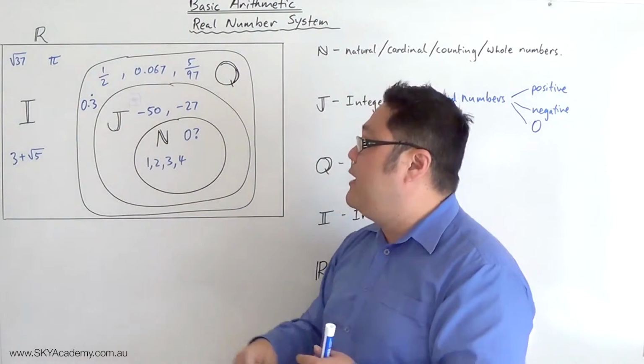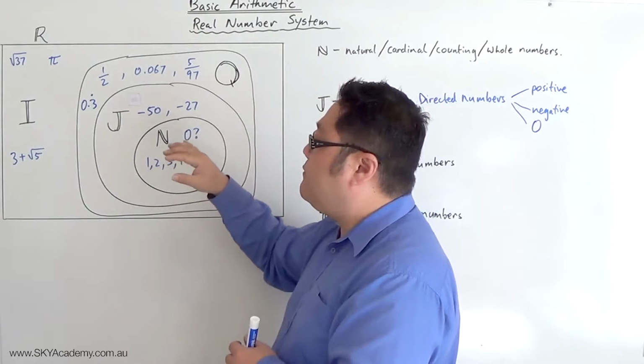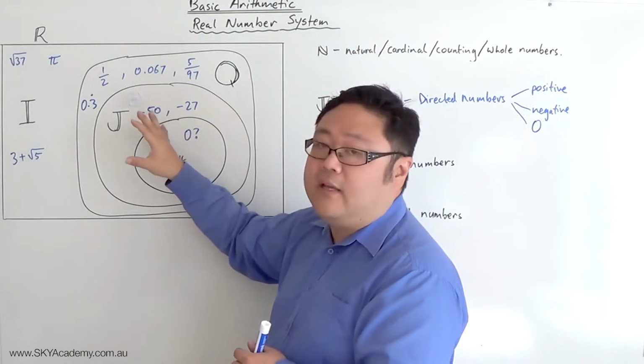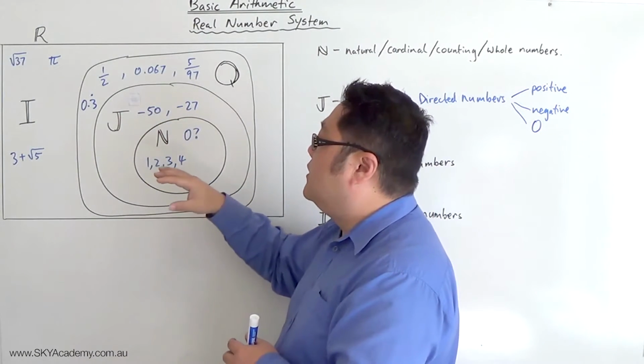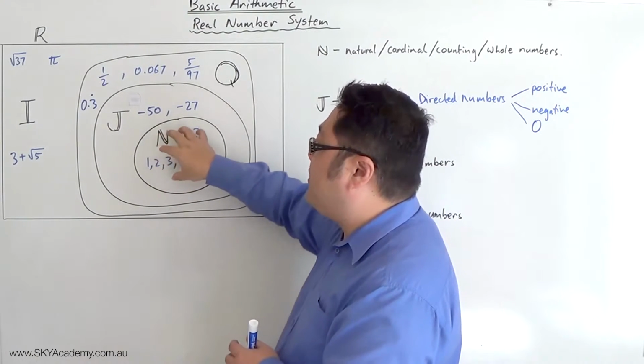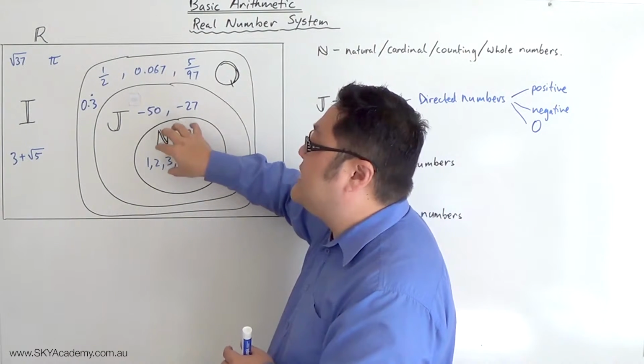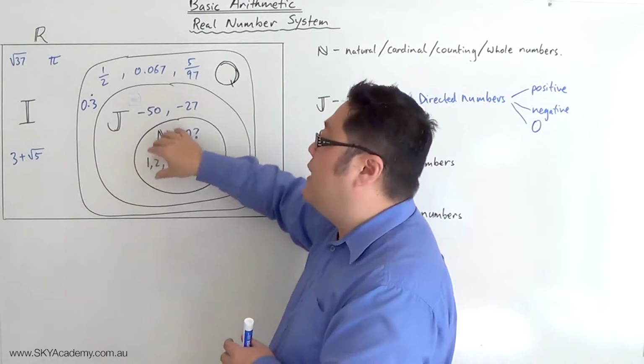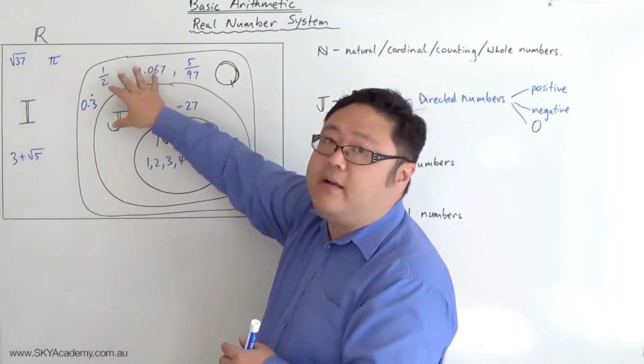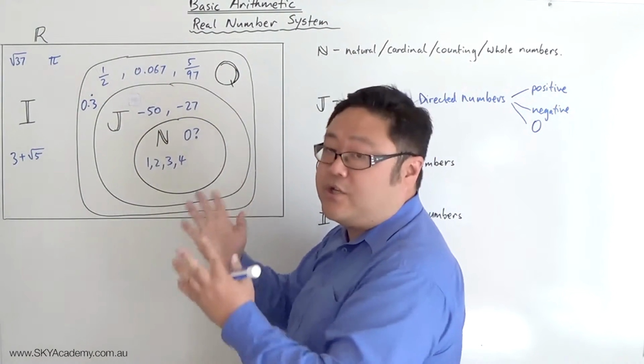And the reason why is because what we want to do in these onion rings is to show that the natural numbers are a subset of the integers, and that the integers are a subset of the rational numbers.